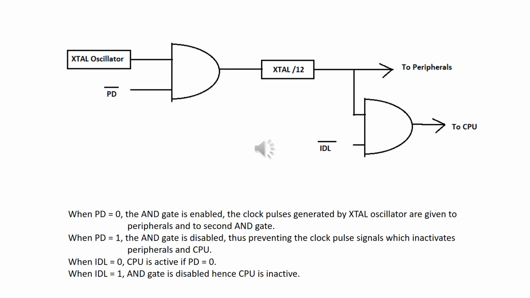So when PD is equal to 1, both peripherals and CPU are disabled. When PD is equal to 0 and IDL is equal to 0, the CPU is active, but when IDL becomes 1 and PD is equal to 0, peripherals are active but the CPU is disabled.